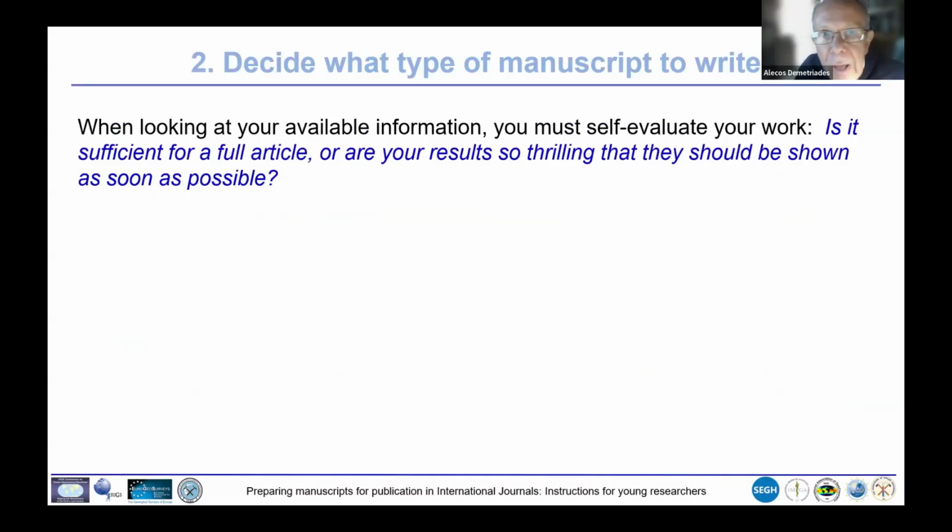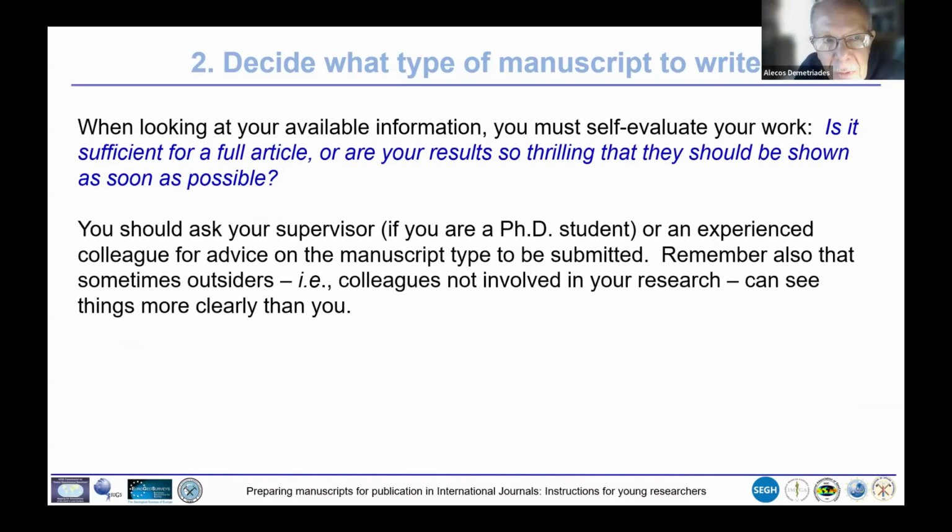Now, when looking at your available information, you must self-evaluate your work. This is very important. Is it sufficient for a full article, or are your results so thrilling that they should be shown as soon as possible? You should ask your supervisor, if you are a PhD student, or an experienced colleague for advice on the manuscript type to be submitted.